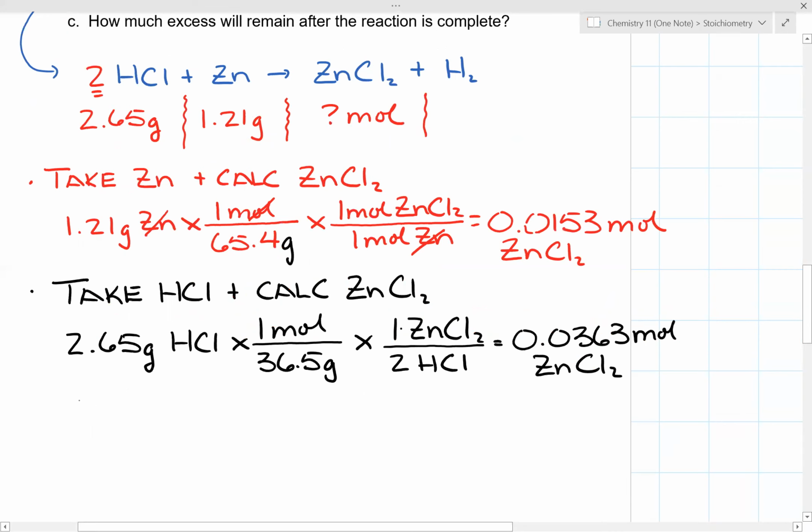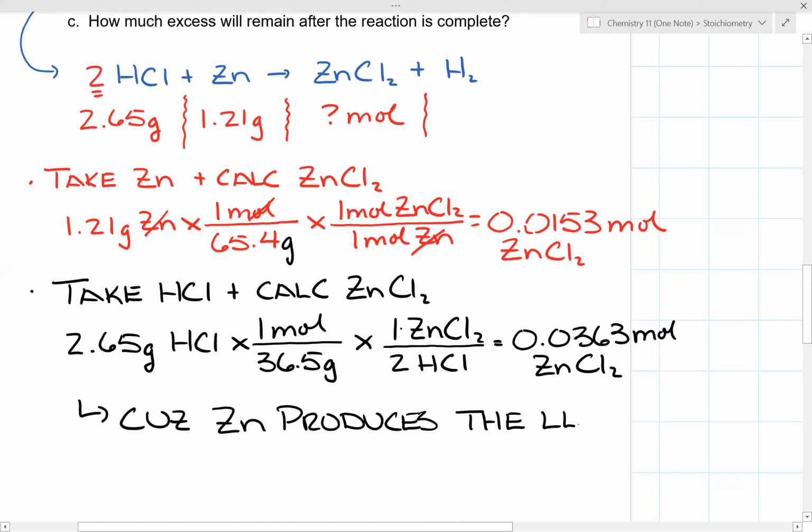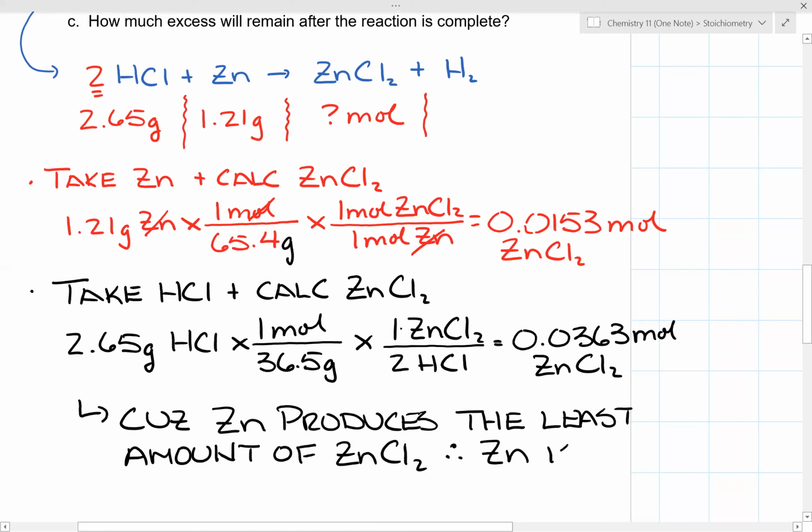In this case, because zinc produces the least amount of zinc chloride, therefore zinc is limiting.